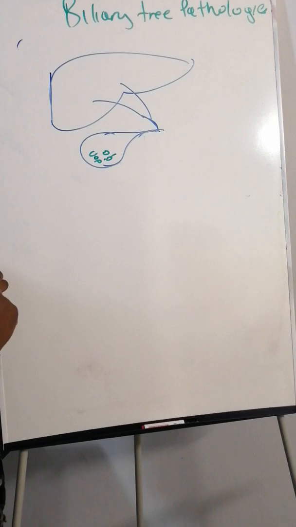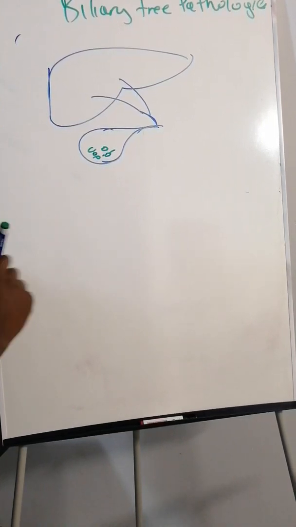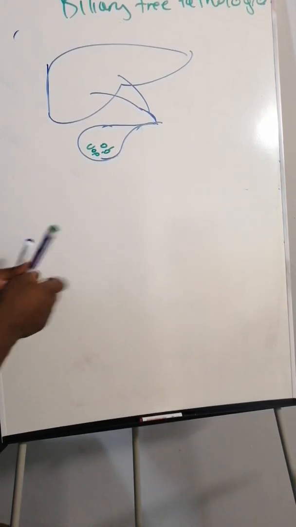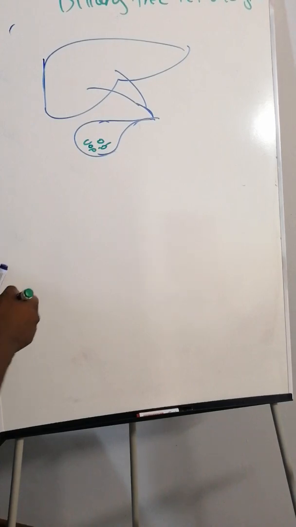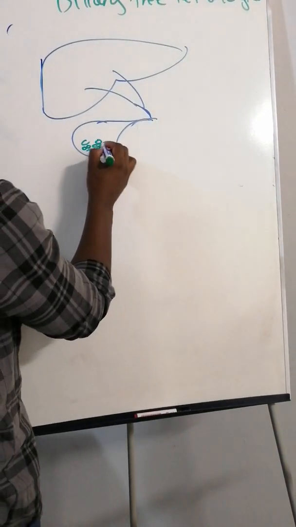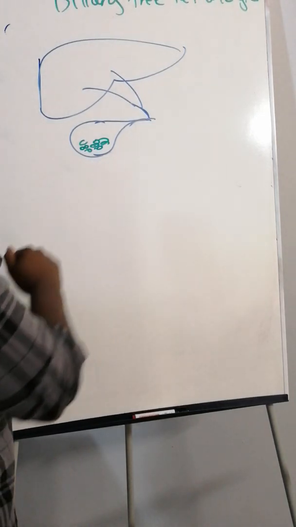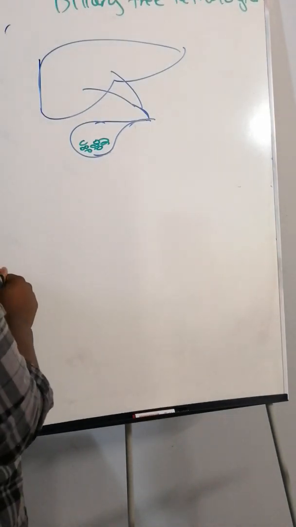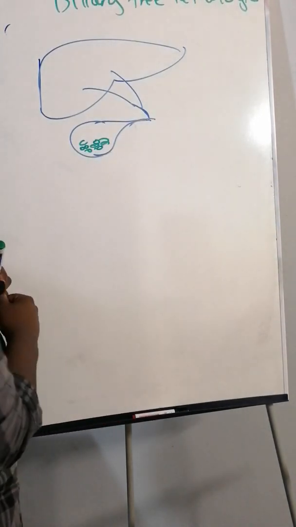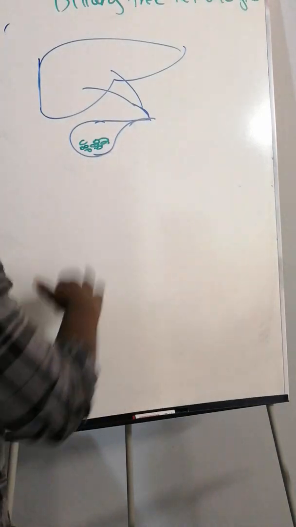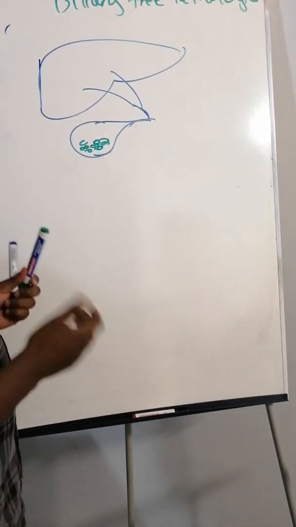Remember, the incidental finding is patients who are also asymptomatic, but we happen to diagnose them because of the imaging or the operation that we're doing. So those ones have stones that are just sitting here. As long as the bladder is able to drain its bile, and it goes all the way to the duodenum, it's not going to have a problem.